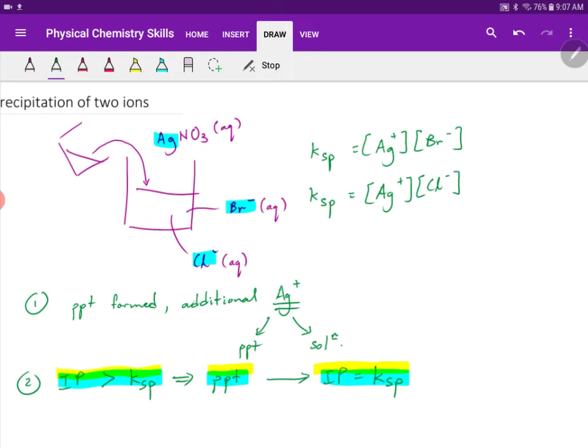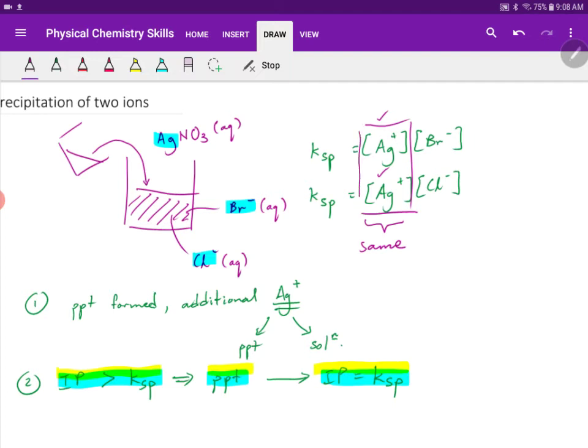What is going to happen in both of these cases is that I am adding my Ag plus into the solution. So what I'm interested in is the concentration of Ag plus currently in the solution, which will change these two values. These two Ag plus values are the same, because there's no way that I can have two different Ag plus concentrations within the same solution.